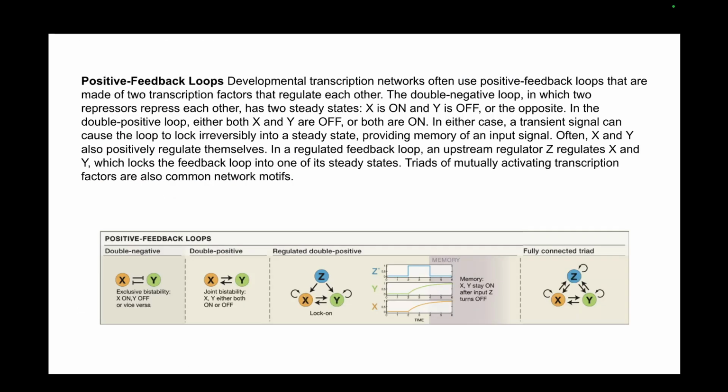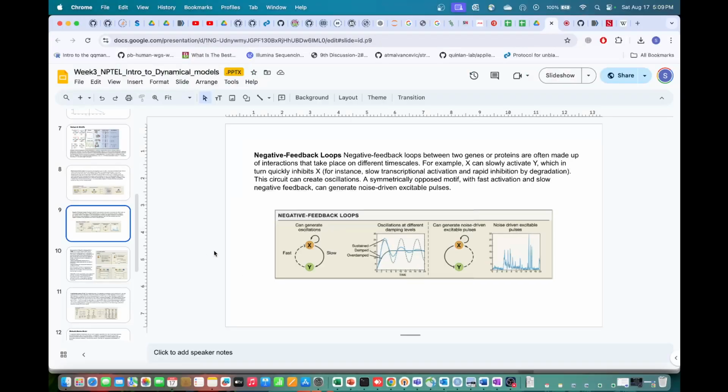That is important because those kinds of questions will come in the exam. You are given a particular system, you have to identify if it's a positive loop, a negative loop, or a feed forward loop, and then identify what kind of behavior this system will exhibit, right?